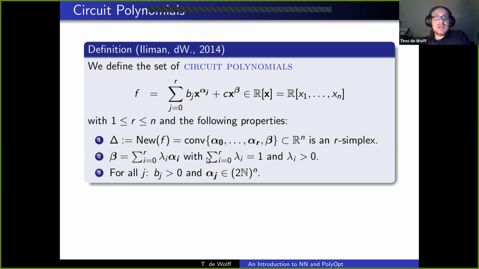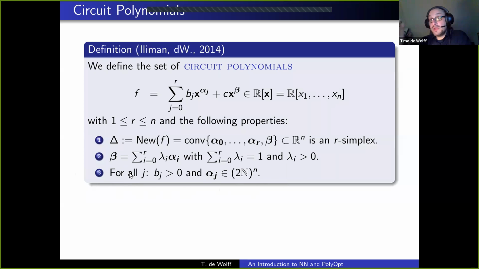And the third condition is that all the coefficients, except for the one that corresponds to this interior term beta, all the coefficients b_j, should be strictly positive, and the exponents should just have even entries. Now you might say, well, this is very special, but in fact this is a necessary condition for any polynomial that I hope to be non-negative.